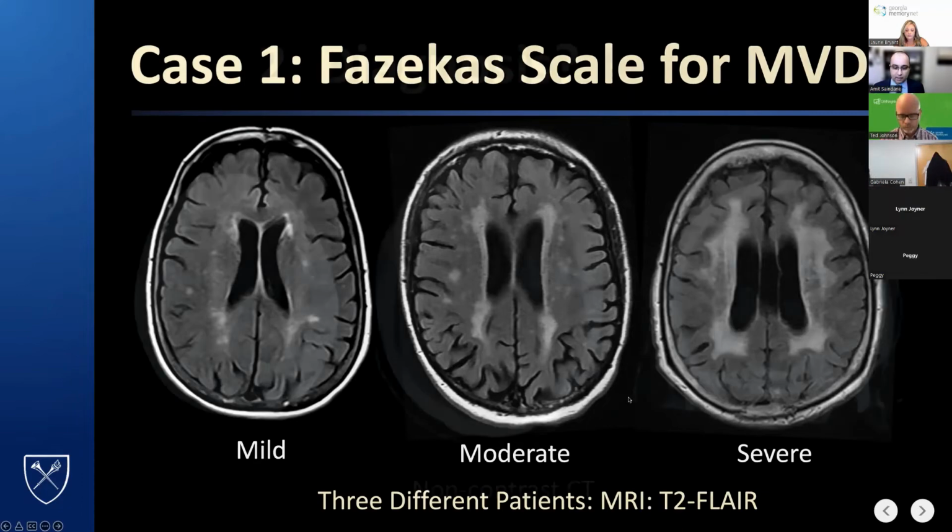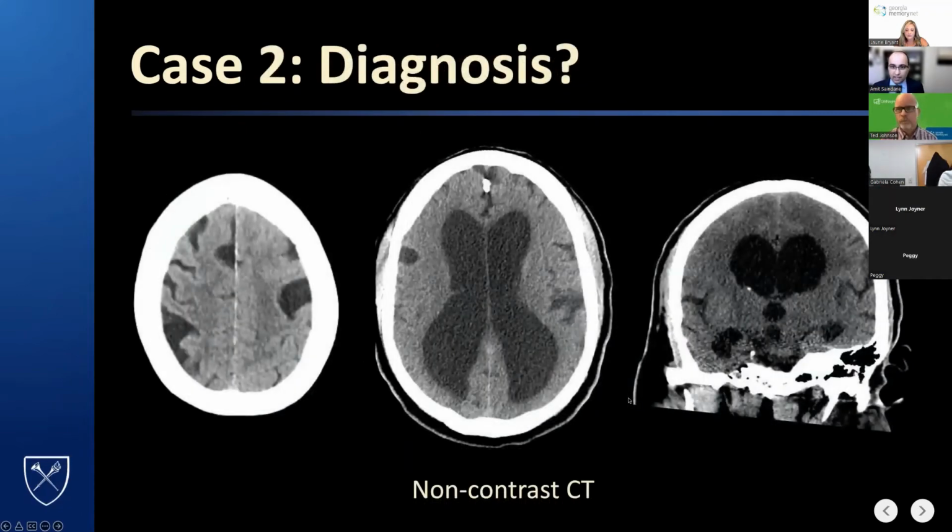Great. I'll move to the second case here. And I can see the chat now, so happy to look out for answers. So go ahead and feel free to type in an answer, something that you observe on this image that makes you think of a certain diagnosis. No fear of being wrong here. We're all in a learning environment.